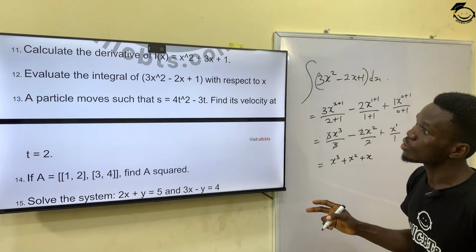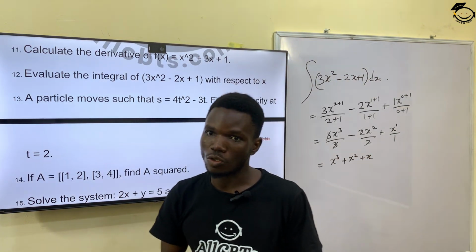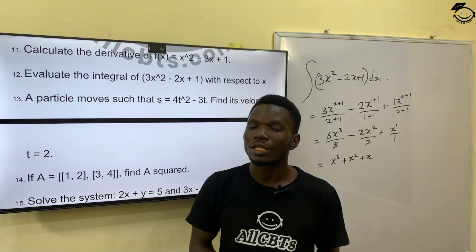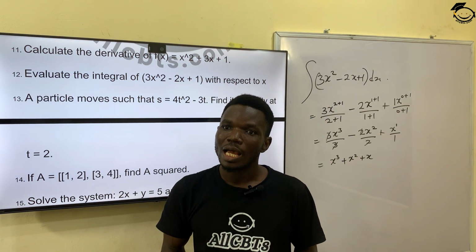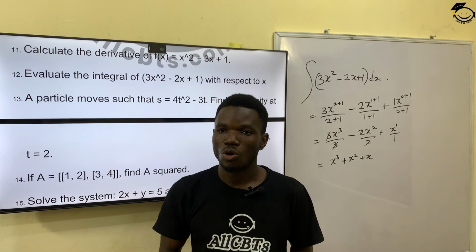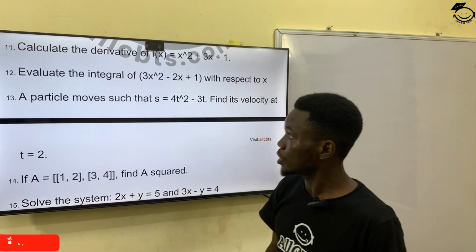So when I integrate, because integration is the reciprocal of differentiation, when you integrate an already differentiated expression, what you're going to get is the original expression that was given before it was differentiated.